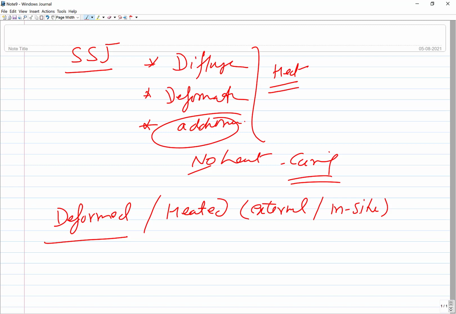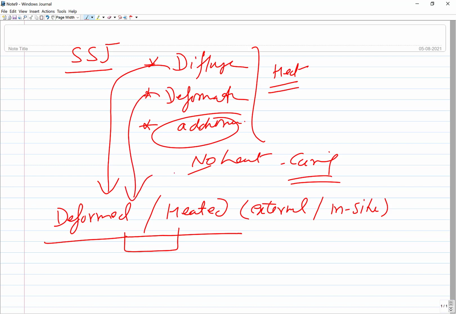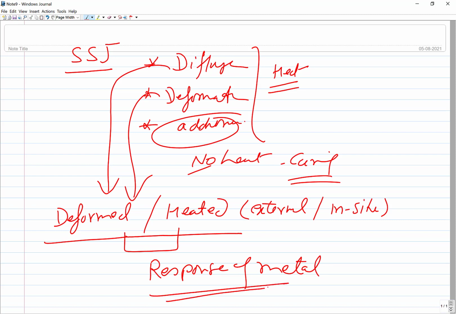So how about the response of the metals to these two things? And these are mostly applicable for the deformation and diffusion based processes. So what about the response of the metals to the heat and to the deformation?